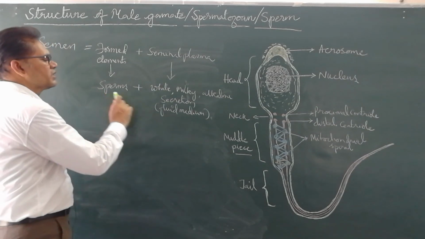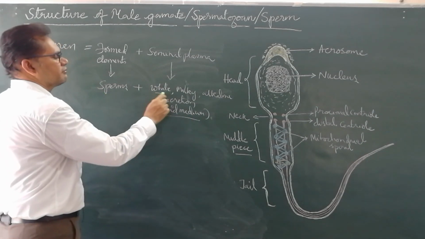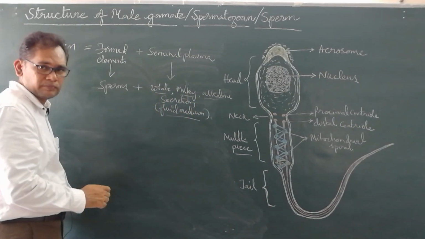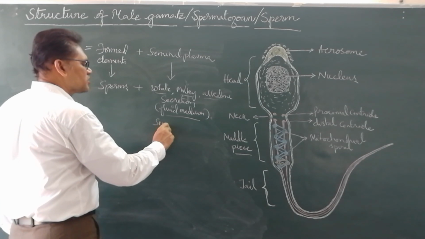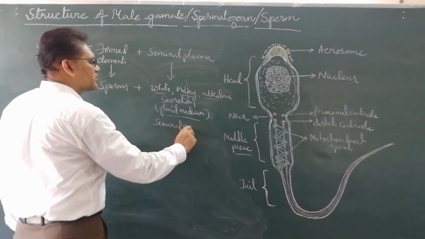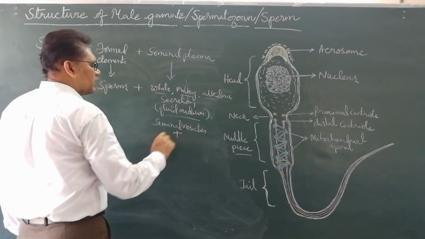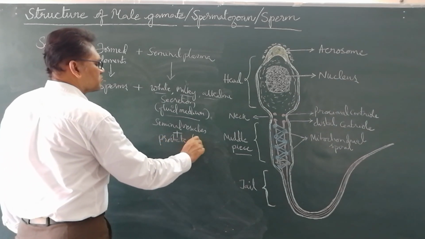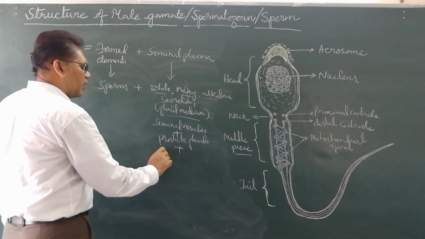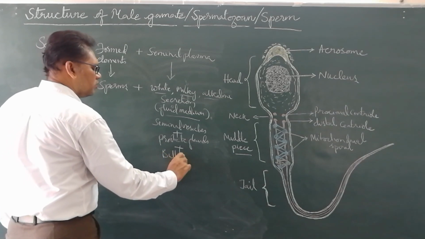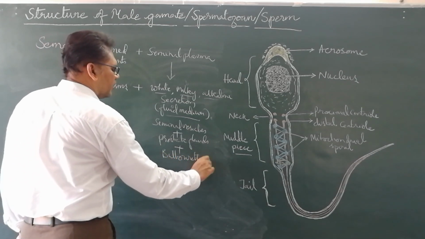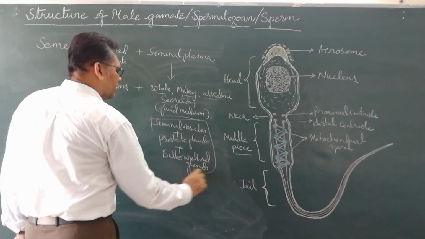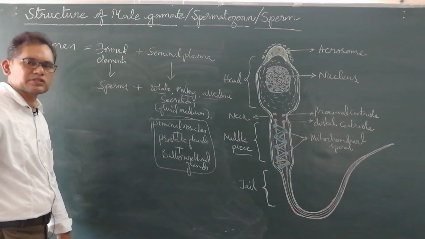Now the sperms along with this fluid medium consist of white milky alkaline secretion produced by seminal vesicles plus prostate gland plus bulbourethral glands. Now these 3 together secrete this seminal plasma.